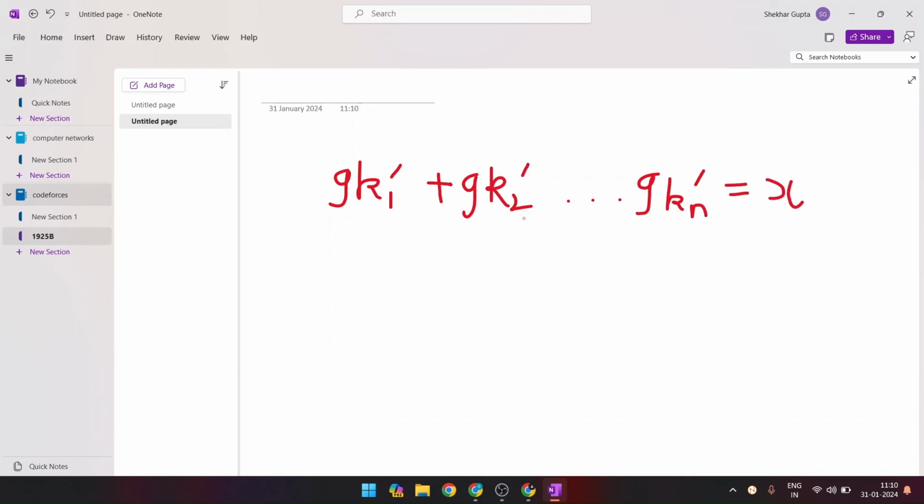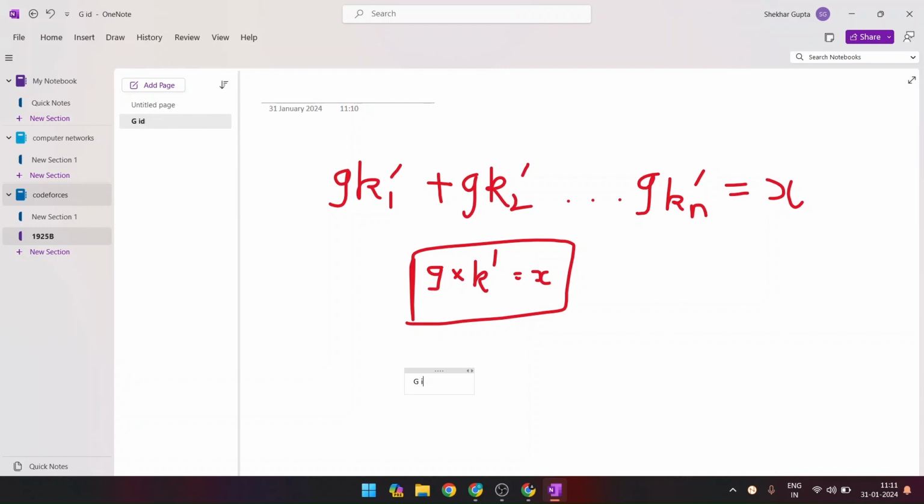Now let's take g common, and we get g into some k dash, which is equal to x, right? Now what we can see from here is that g is a factor of x. We can see it, right?